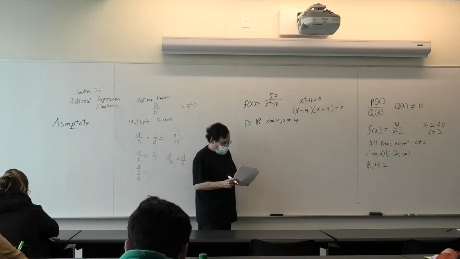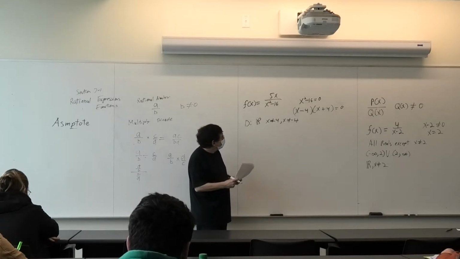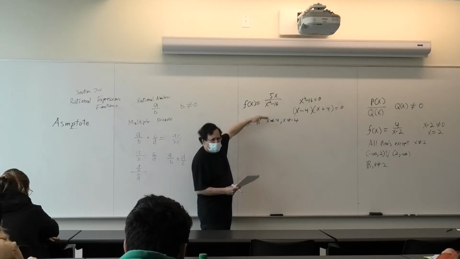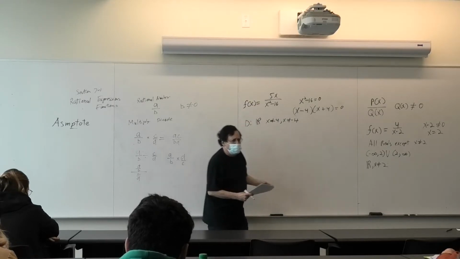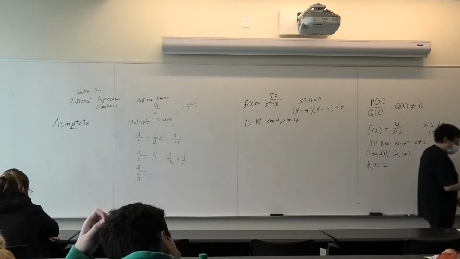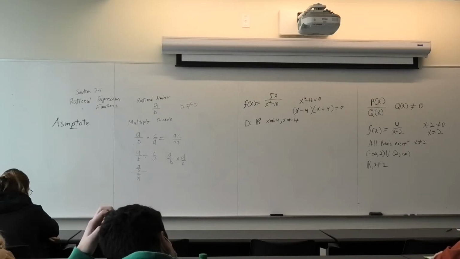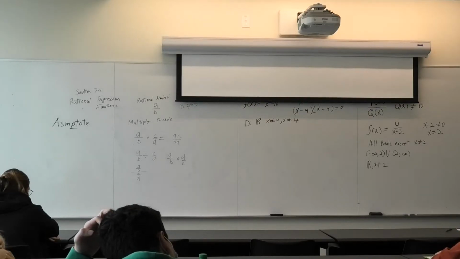We also want to know what the range is, and I'm going to show you the graph because in this case, the picture is going to be better than all my words.